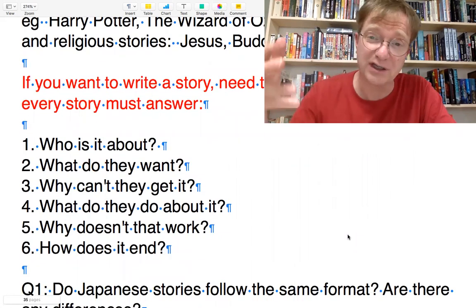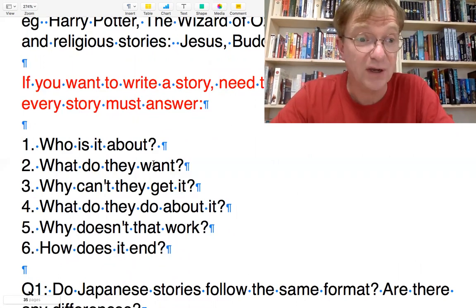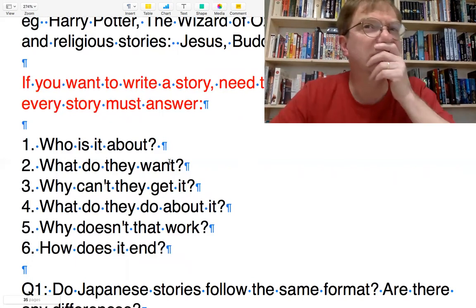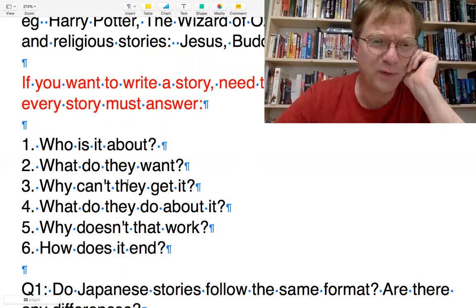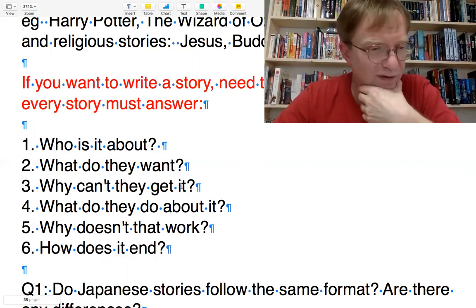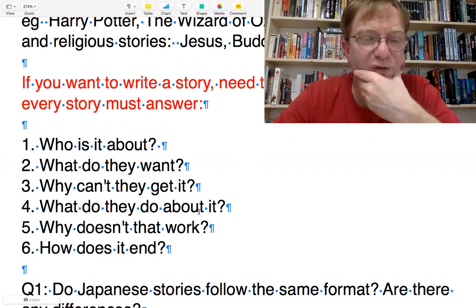If you think you can slot in any kind of story, if we're using Harry Potter as an example, who's it about? It's about Harry Potter. What do they want? They want to find their parents, don't they? I think he wants to find his place in the world. Why can't they get it? Because he's in the real world under the stairs. What do they do about it?